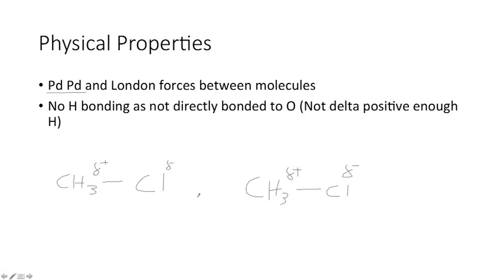I'll cover that more in intermolecular forces, and therefore we're going to get this permanent dipole force going between these molecules from this delta negative to this delta positive here, but no hydrogen bonding, which is very important because we don't have hydrogen bonded to either an N, an O, or an F. Those are the three: O, N, or F. Then it would exhibit hydrogen bonding.